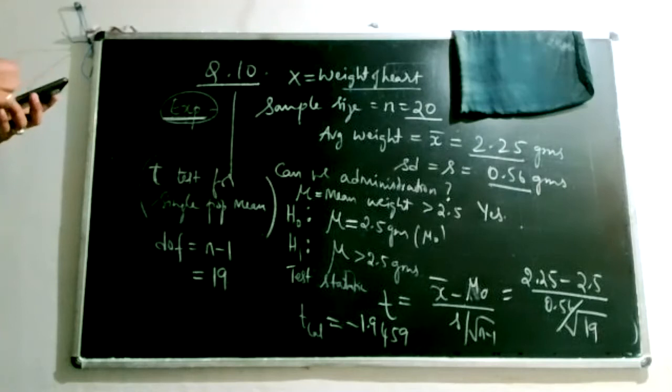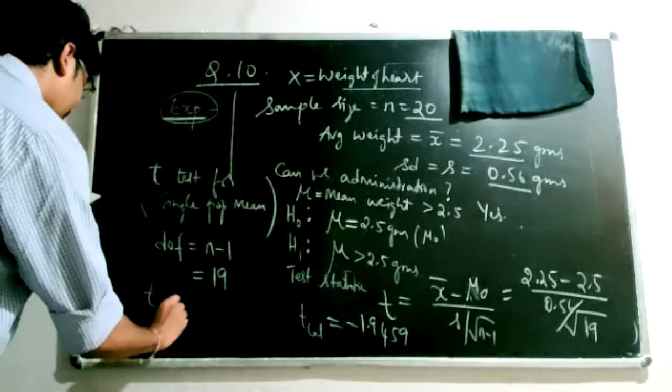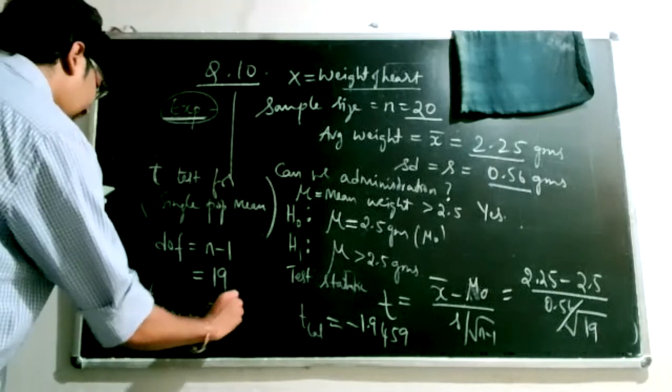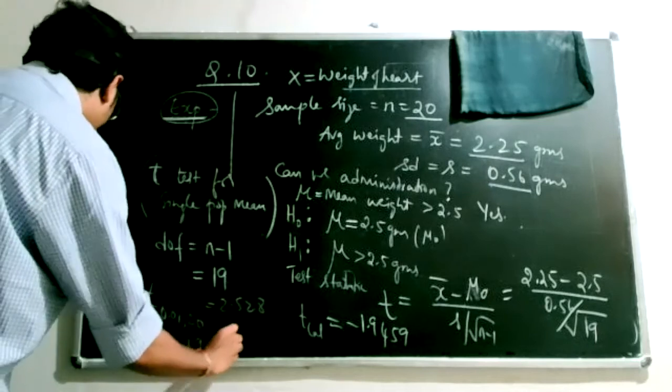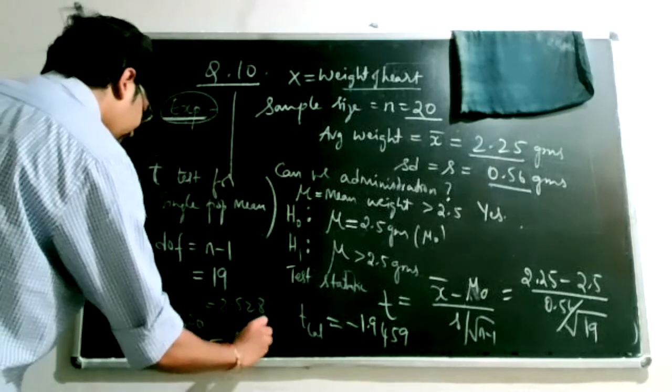The first value is not visible clearly. The second value is for 1% and 18 degrees of freedom, I guess. In the question paper, for 20 degrees of freedom, they have given t 0.01, 20 is equal to 2.528 and t 0.01, 19 is equal to 2.539.